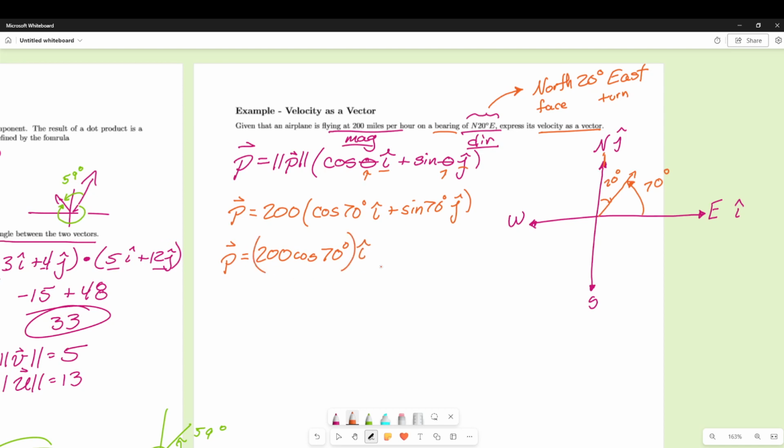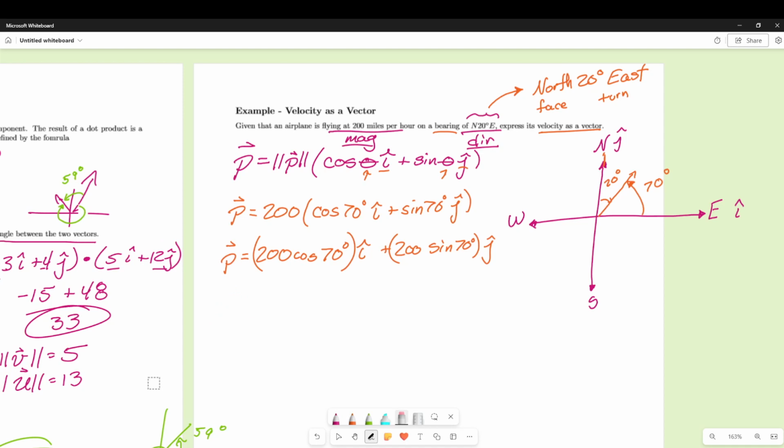So have that as our I component, and then 200 sine 70 degrees as our J component. And we could come up with decimal approximations for those and have your vector in component form. That way, when you make your wind in whatever its component form is, you can add them together or subtract them, do whatever you want.